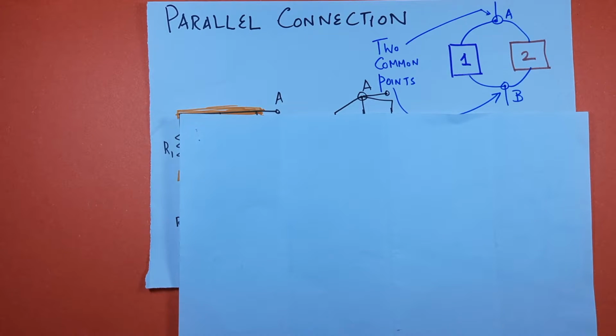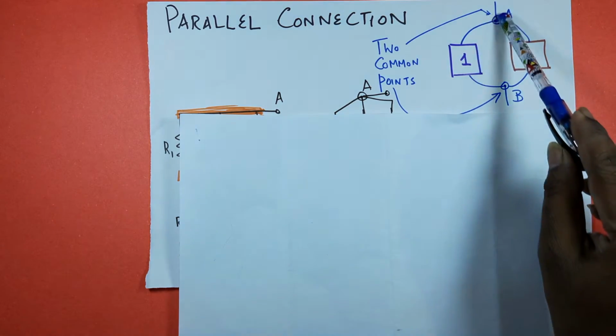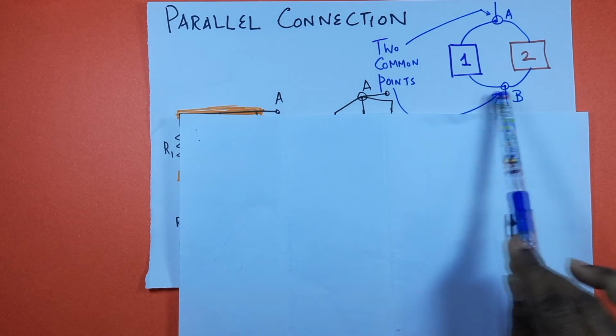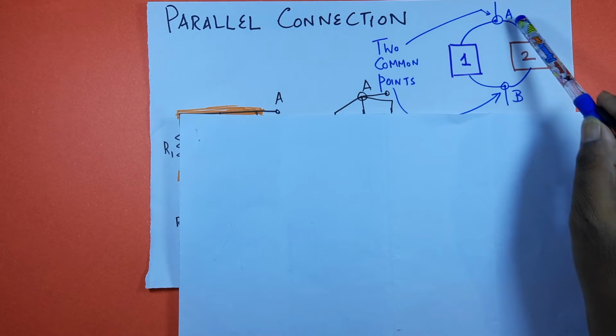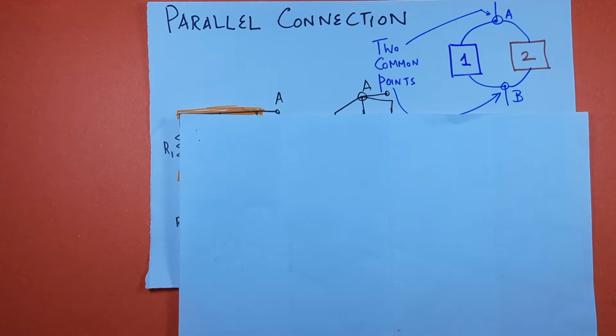The top ends of the two components are connected at point A, and the bottom ends are connected at point B. So you have two common points, common point A and common point B. We say two components, or even more than two components, are connected in parallel if they have two common points between them.